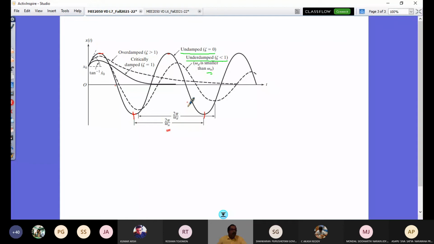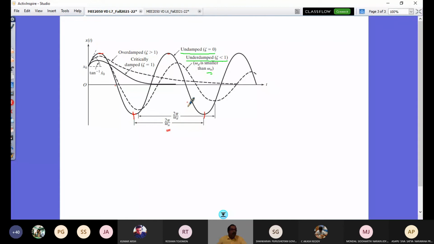So this is going to give me now further. I have numerator and denominator. This goes inside, so that minus goes up. So I'm going to have this natural log of e raised to zeta omega is what is my logarithmic decrement.